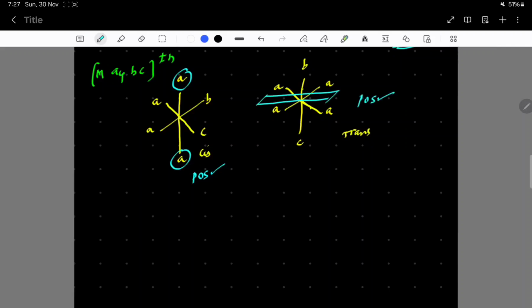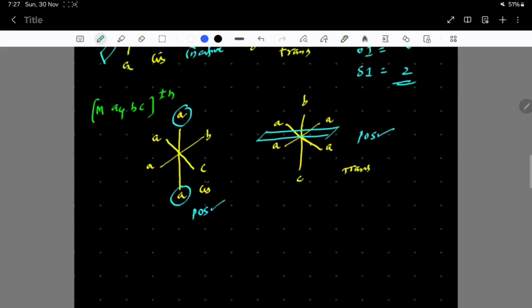Now here, student, the possible number of geometrical isomers is only 2. Okay, right? So now tell me, student, the possible number of optical isomers is equal to 0. Then the total number of stereoisomers is equal to, student, the answer will be 2, right?